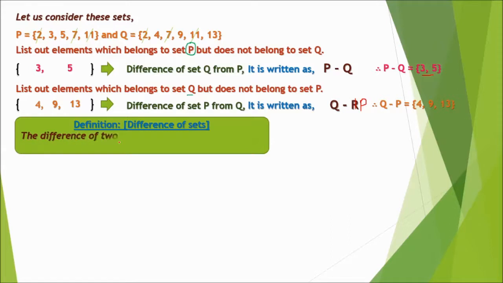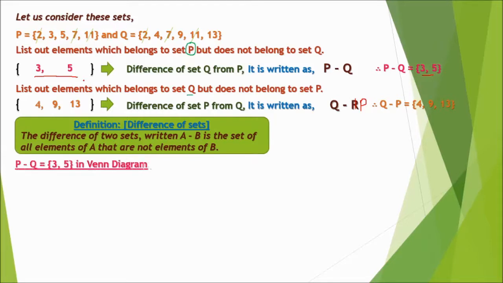The difference of two sets, written as A difference B, is the set of all elements of A that are not elements of B, that do not belong to B. Here this is the set of those elements of P which do not belong to Q, isn't it? 3, 5 do not belong to Q. 2, 7, 11 belong to Q also, isn't it? So I think you have understood it.